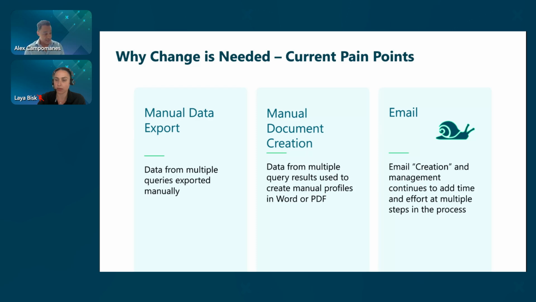It would either go to CSV or to an Access database, and then significant cleanup had to be done on the data. Next, manual document creation. The data then had to be put into a Word document, and it had to be supplemented with additional information. And then finally, email that I call now snail mail.